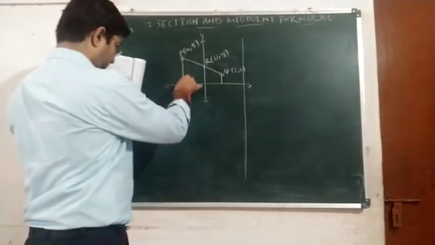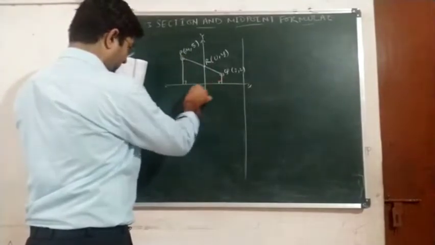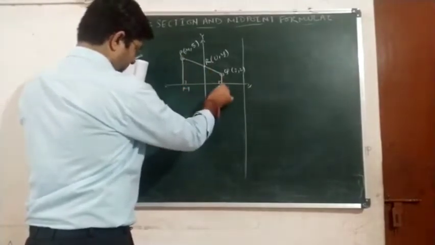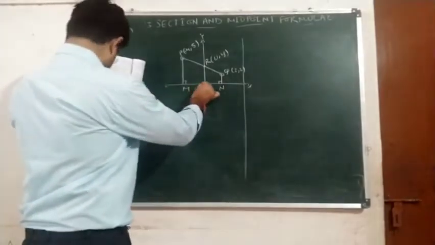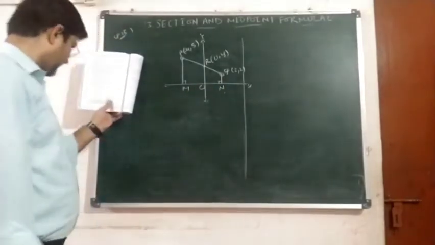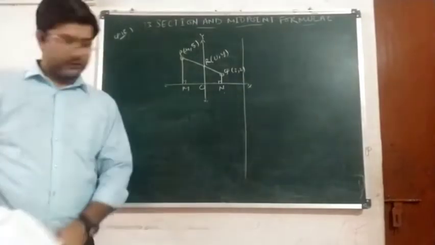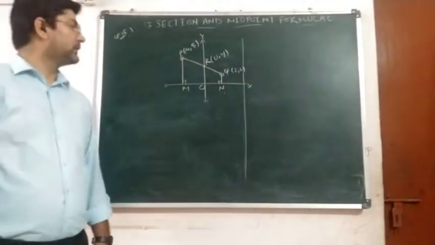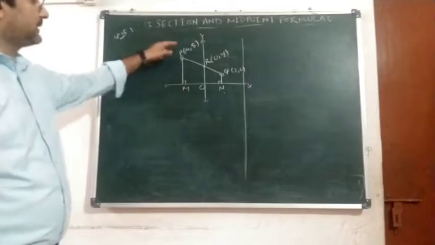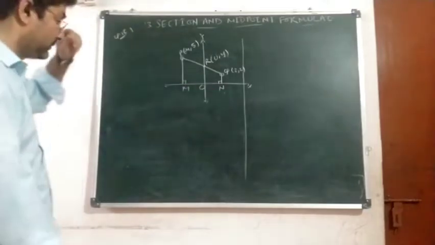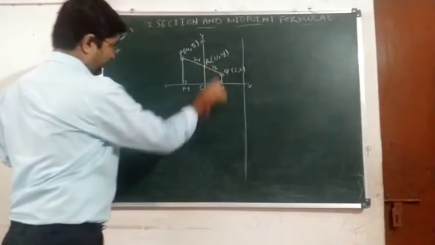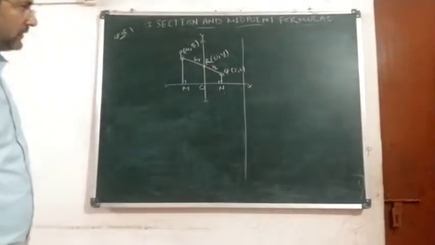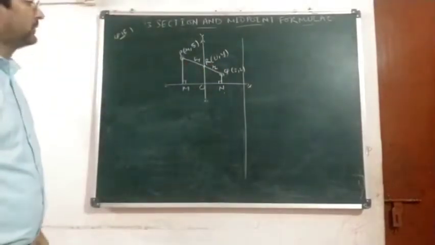The two perpendiculars PM and QN are drawn on the x-axis. Clear? Okay, here three things we have to find: the ratio PR is to RQ, then coordinates of R, and then area of trapezium PMNQ. Three things.